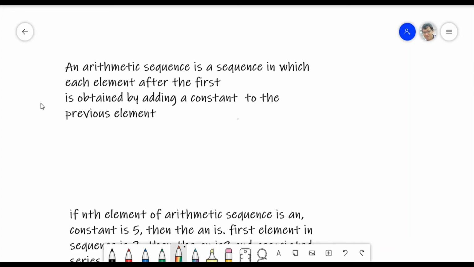Which means if the first element is 1, the second element is, for example, 3, and then the third element is 5, because each element is obtained by adding a constant. This constant can be adding 2, so this will be 7, and counting 2 more, this will be 9. So this is an arithmetic sequence. Okay.